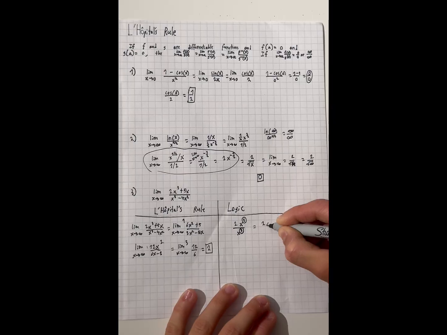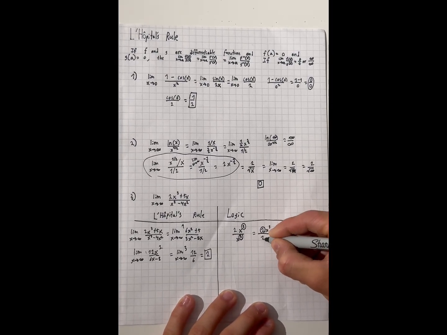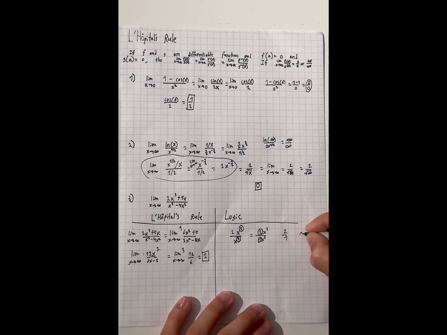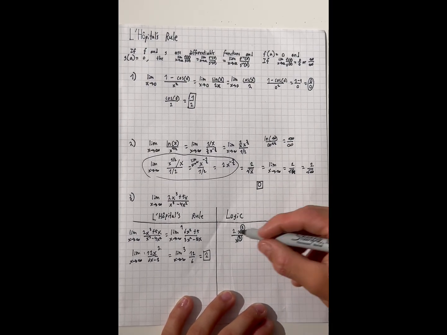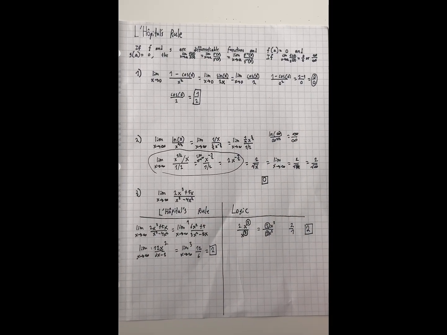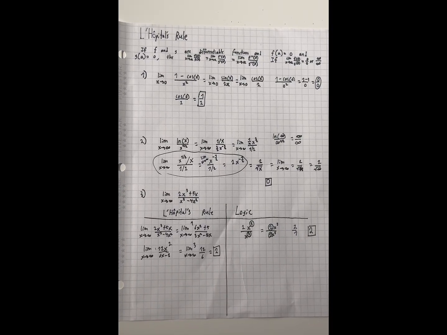The leading coefficient of the numerator is 2, and the leading coefficient of the denominator is 1. So if we divide 2 by 1, we get 2, which is the same answer that we got using L'Hopital's rule. This took us like 5 seconds to do, while the other took us like 20 or 30 seconds.